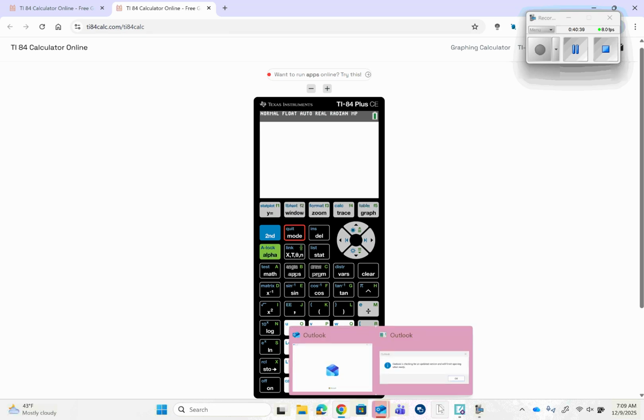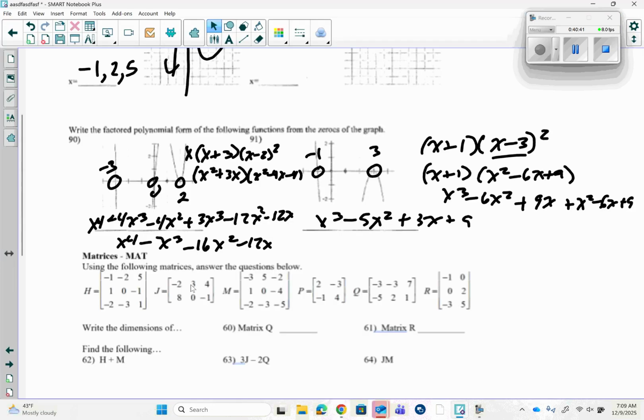Okay, so first one we want to do, what are the dimensions of Q? So Q is a 2 by 3. Matrix R is a 3 by 2. So it's rows by columns.